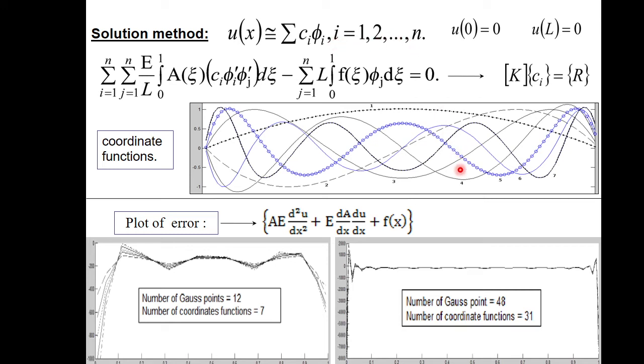Here it is shown for 7 functions. This is the first one, then there is second one, third one, etc. Every one has 0 value at the two ends.